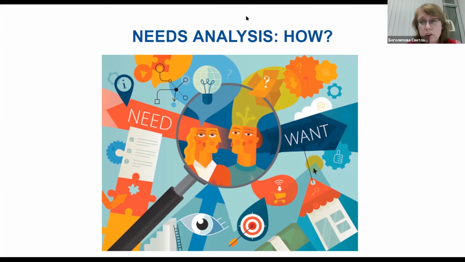Do not forget we have the subjective needs of our students, which are not actually outstanding, but we have to at least know them before we start developing a course.